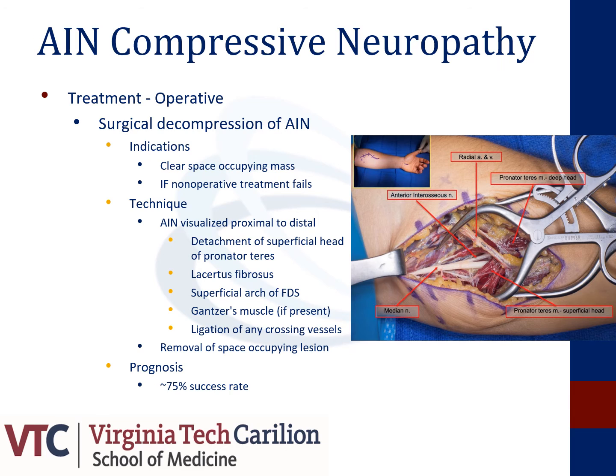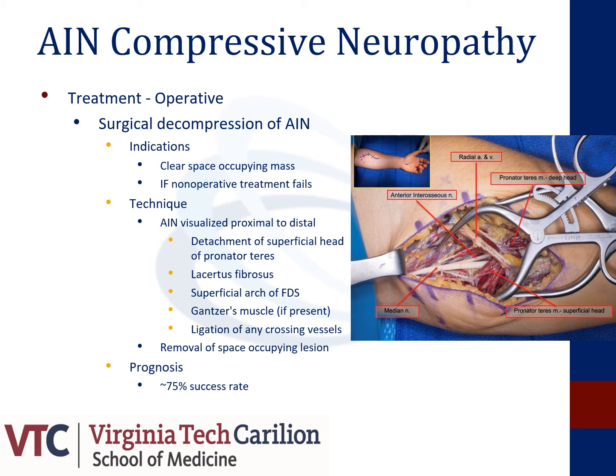Given the significant success associated with non-operative management, surgical intervention is often delayed for at least 12 months prior to considering operative treatment, or it can be addressed in a more expedient fashion if there is a space-occupying mass that is identified and is leading to the development of the AIN compressive neuropathy.